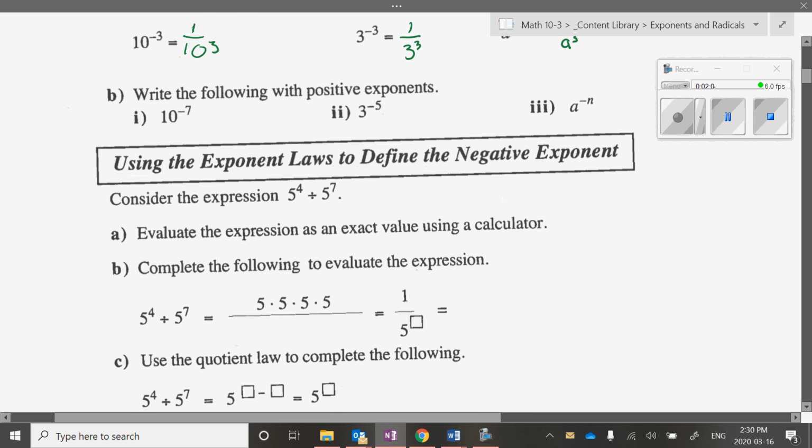Similar to fractions, you always want to have your answers a reduced fraction. Ideally, with integral exponents, you always want to have positive exponents. So quite often questions will say express the following with positive exponents. Then it's just basically writing them as a fraction. So 1 over 10 to the power of 7, 1 over 3 to the power of 5, 1 over a to the power of n.